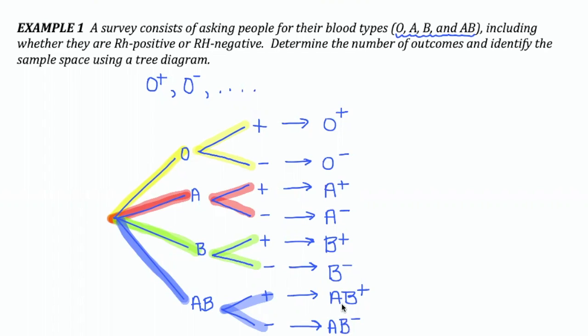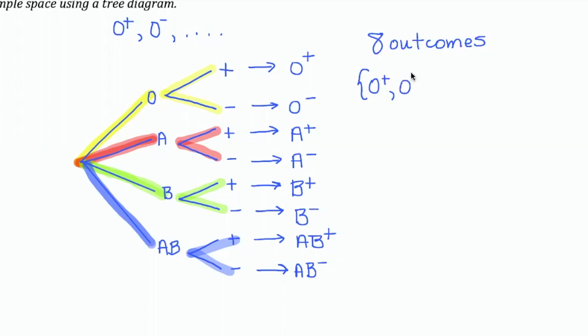How many are there? Well, I just count 1, 2, 3, 4, 5, 6, 7, 8. I can also just get the same thing by counting the number of end branches on my tree. So there are, in fact, 8 outcomes. And when you're asked to identify the sample space, you are just listing all of these possible outcomes. And again, we usually do that inside of set brackets.